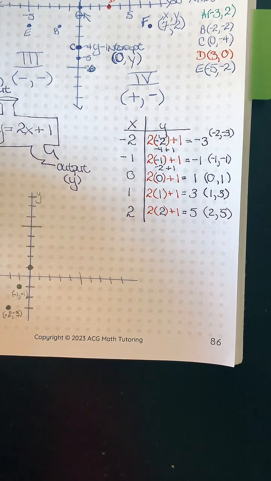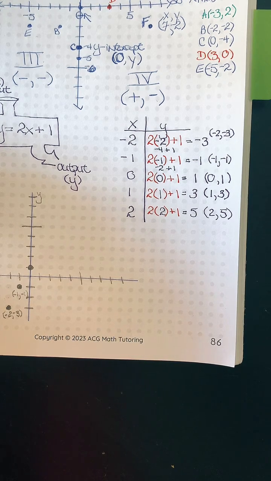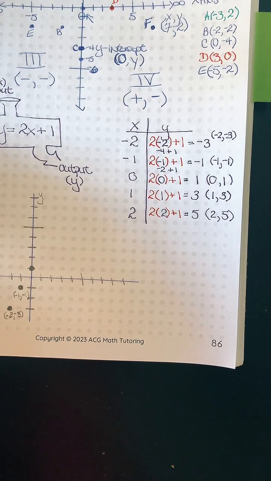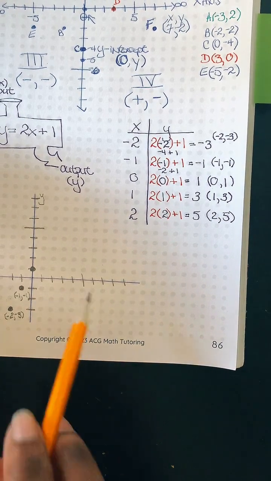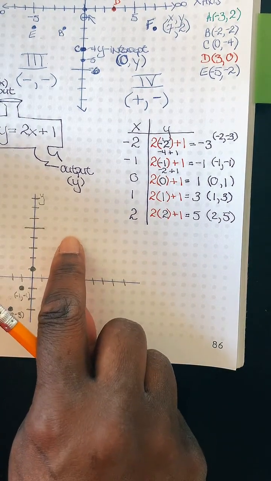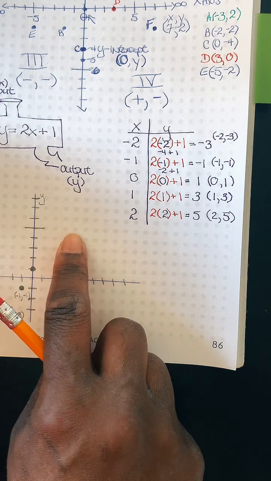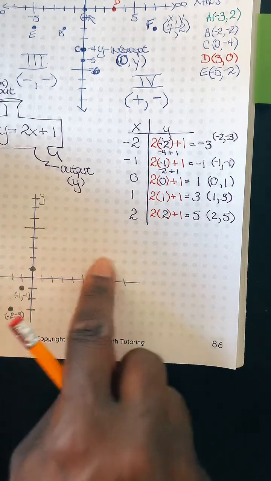Because we're thinking like we're starting like a clock. Okay, so it is going to be quadrant 1. Okay, it's going to be in quadrant 1.